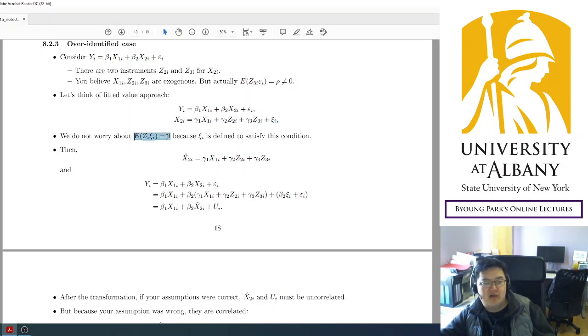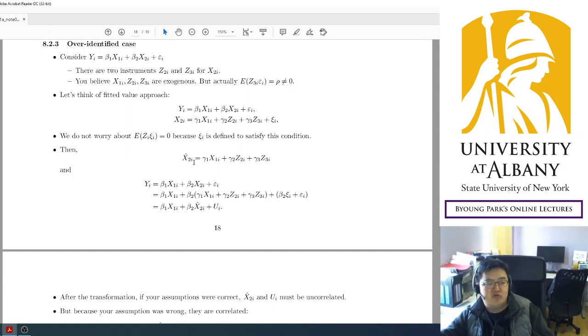Z is always uncorrelated with xi because, as you remember, when you define this equation by linear projection, by construction xi is always orthogonal to all the regressors. So it is not a problem, but the problem is the correlation between this guy and this guy. Of course, epsilon is also correlated with this one, but this is the main problem.